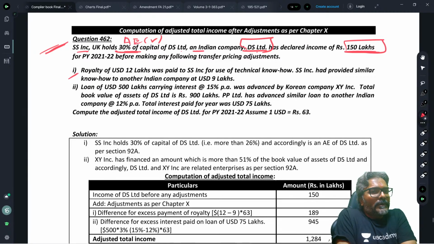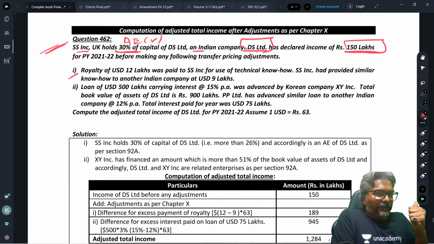Royalty of US dollar 12 lakhs was paid to SSINC for use of technical know-how. So students, here you are paying to your UK.